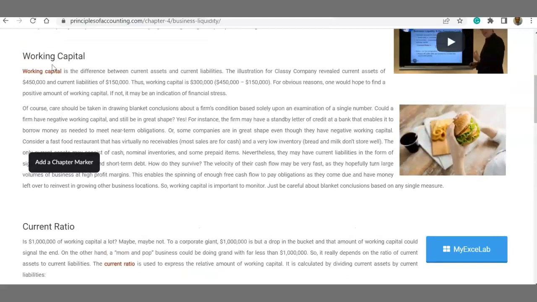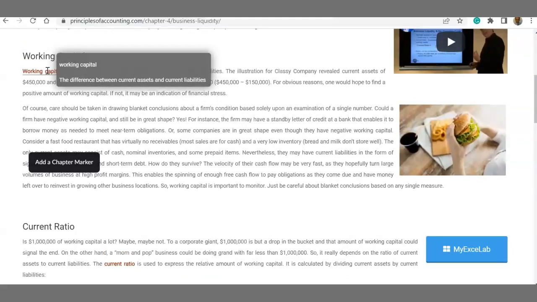Working capital is the difference between current assets and current liabilities. The amount by which current assets exceed current liabilities is the working capital for the company. Working capital is a dollar amount that you need on the very first day even in your business to run your business, right? You cannot say, oh, I'm going to start a business, but I don't have any money.